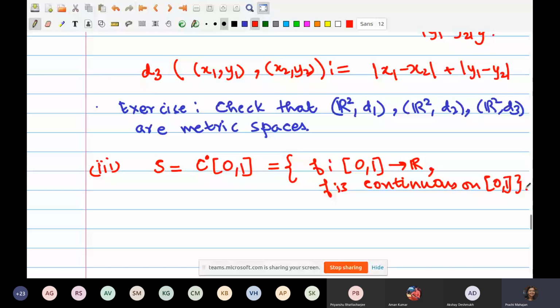Don't bother, I have not defined what it means to say that a function is continuous. All I'm trying to do is give you an example in an abstract setting, so as to make sense of why we are actually bothered about metric spaces.